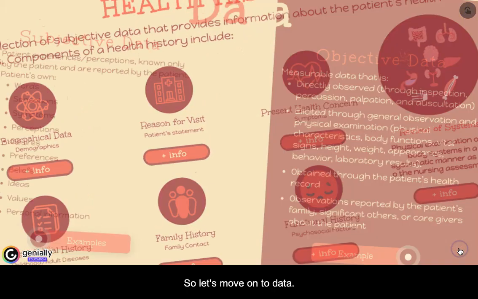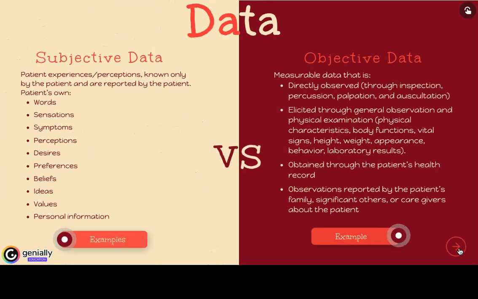So let's move on to data. We want to know everything relevant about the patient so we can provide proper care to them. Right? Now, data that we collect is divided into two types: subjective and objective. Subjective data is the patient's experiences, perceptions.